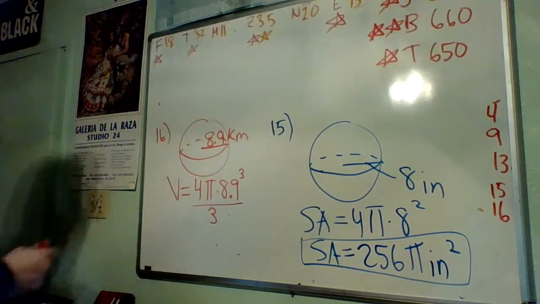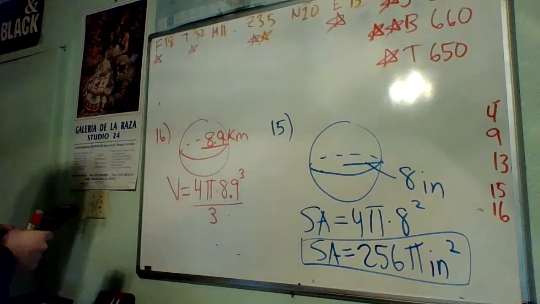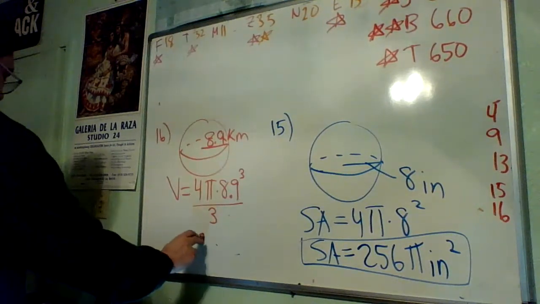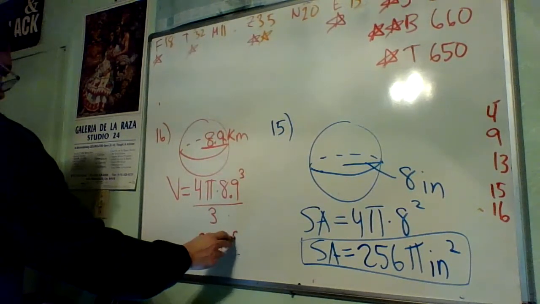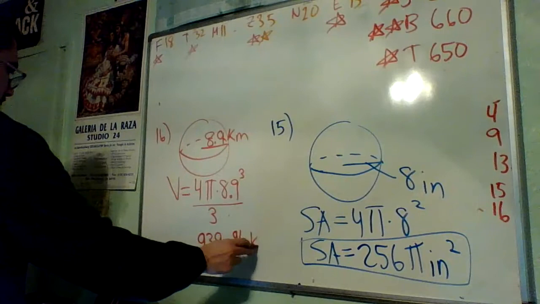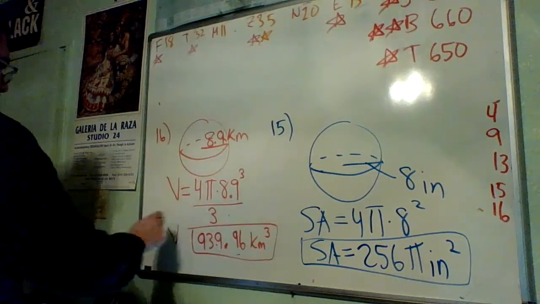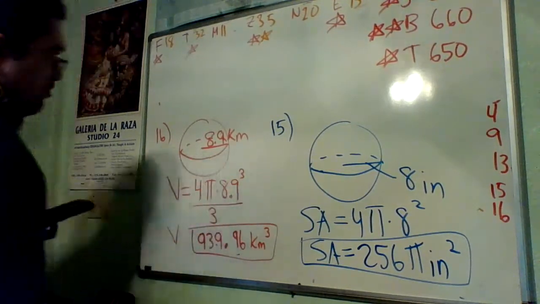We put all of that into the calculator without touching the pi button, because it wants us to leave it in terms of pi. You should get 939.96 kilometers cubed.